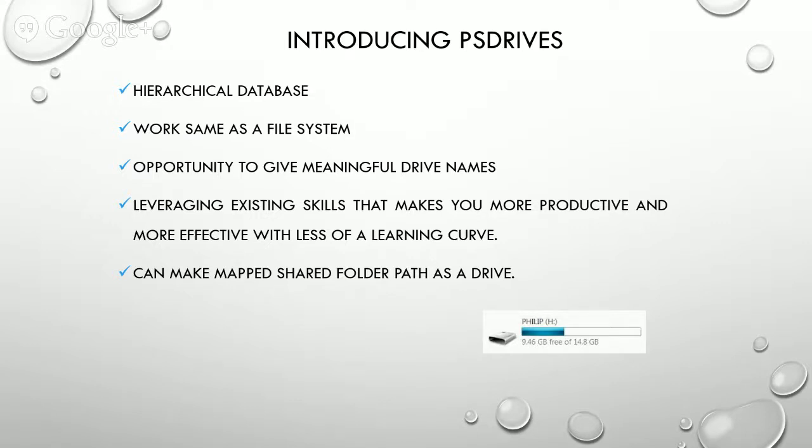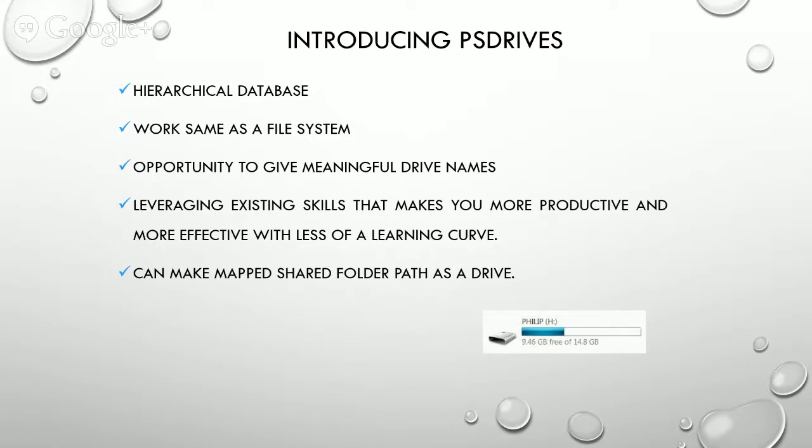Extending on that concept, PowerShell has something called PS drives. All the hierarchical databases, be it the registry, be it Active Directory, be it a configuration manager site in CCM, are exposed to you as a PS drive.